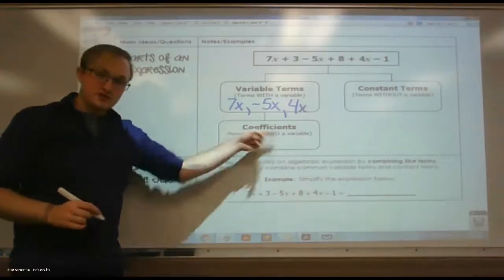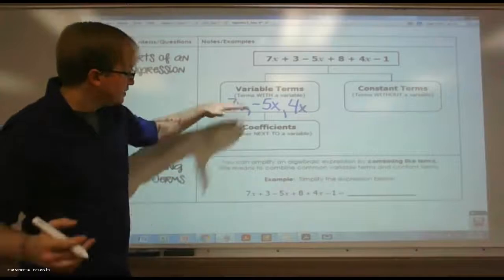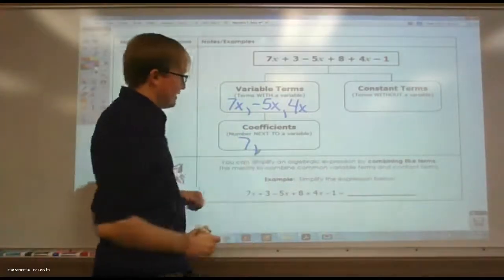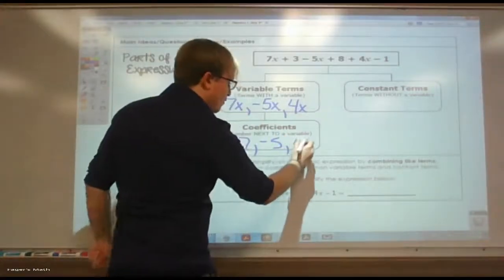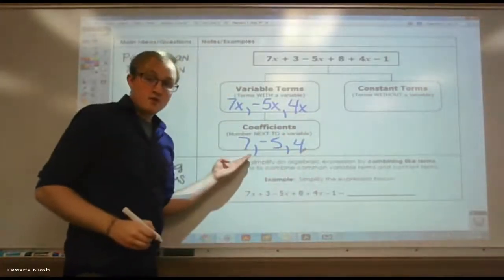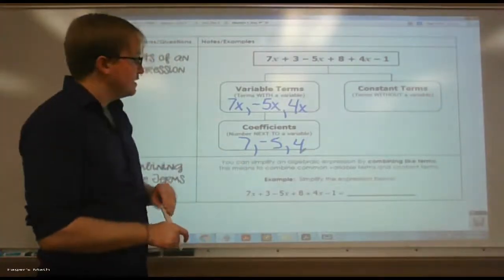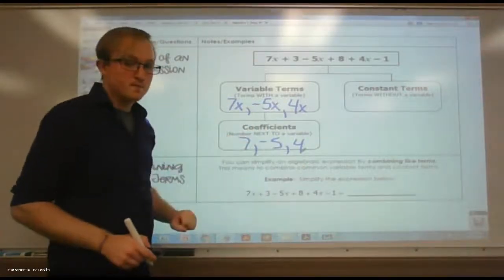These are the numbers next to a variable. Numbers next to the variable: 7, then negative 5, and 4. These are the coefficients, just the numbers that tell us how much of a variable we have. 7x, negative 5, 4x: 7, negative 5, 4.